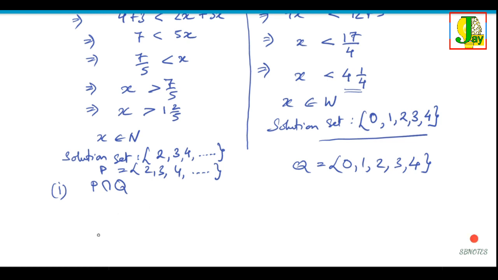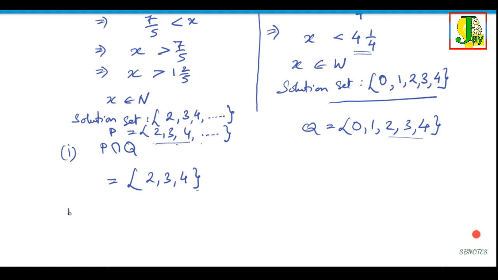Okay, so P intersection Q is all the common elements of these two sets. Is there anything else common to find? There's nothing else. The second one says Q minus P.